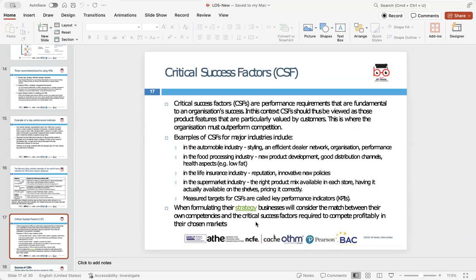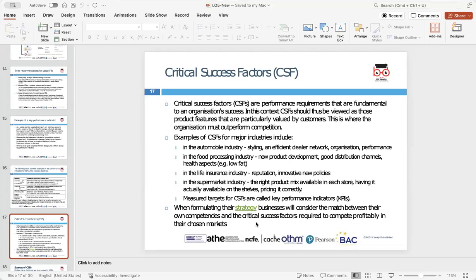Okay, critical success factors. Critical success factors are essential elements that organizations must achieve to be successful in their respective industries. These factors are particularly valued by customers, and businesses must excel in them to outperform competitors.